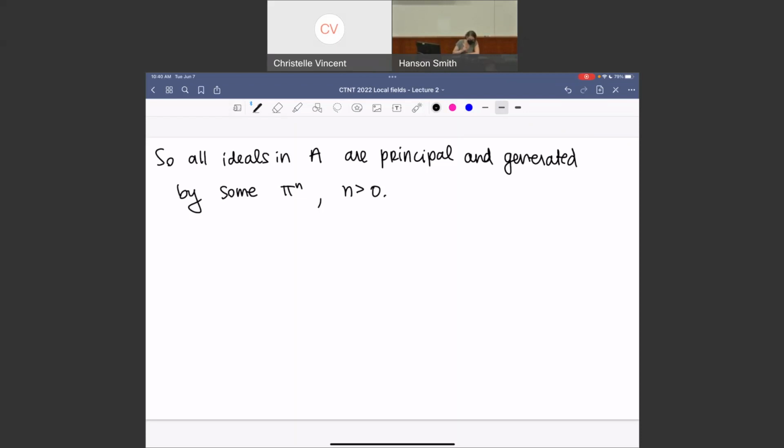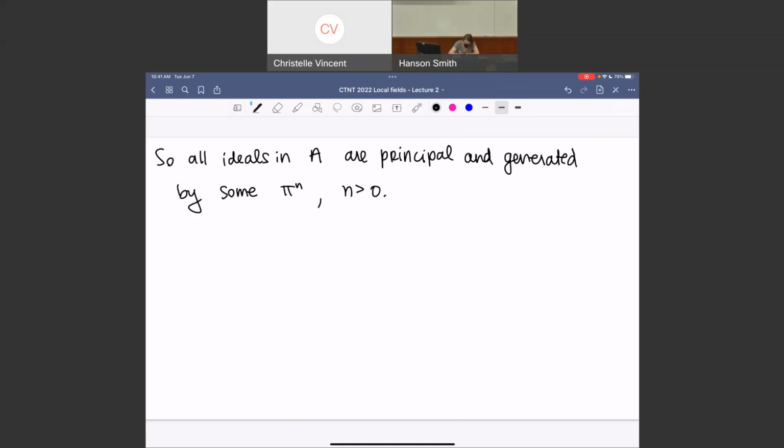Okay, so now there's an obvious top ideal, which is the one generated by pi, and all the other ones are not prime. The ideal generated by pi squared is not prime because pi times pi is in it, but pi is not in the ideal generated by pi squared.